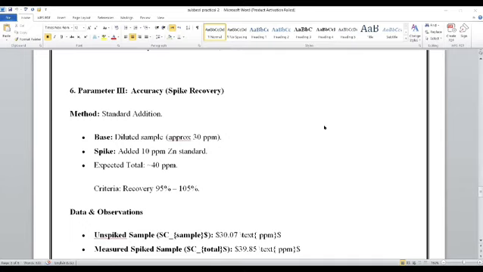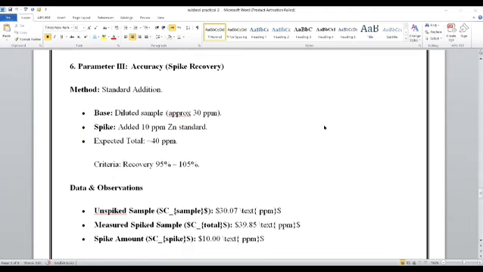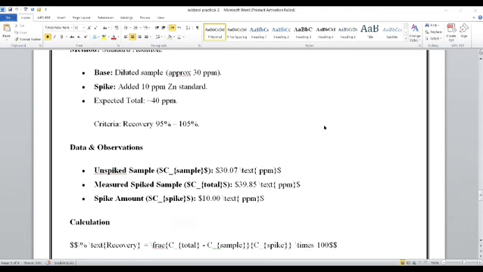Recovery calculation: recovery is equal to 97.8%. Interpretation: the recovery falls within the acceptable range of 95 to 105%. This confirms that the plating bath matrix does not interfere with zinc measurement. Result: pass.